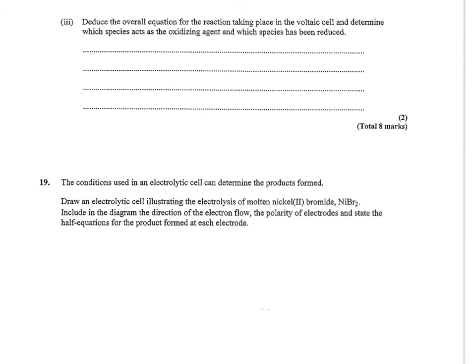Part 3 says deduce the overall equation for the reaction taking place in the voltaic cell and determine which species acts as the oxidizing agent and which species has been reduced. Well, the overall reaction is just going to be Fe plus Cu2+ forming Fe2+ and copper metal.